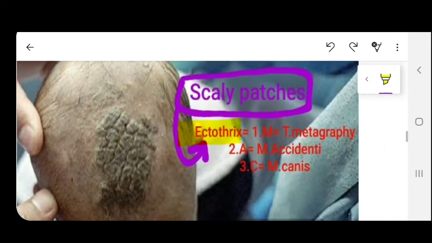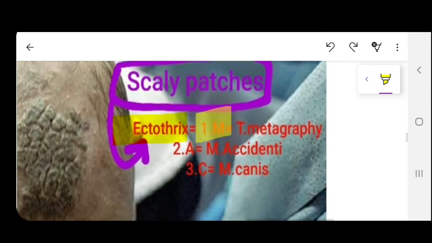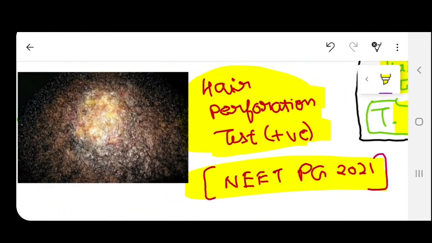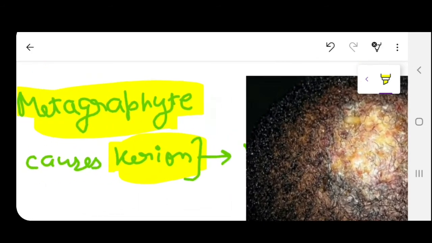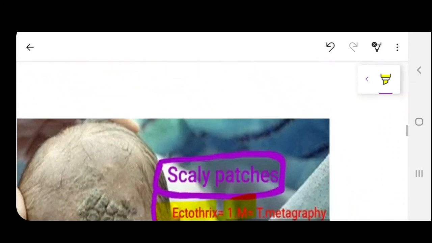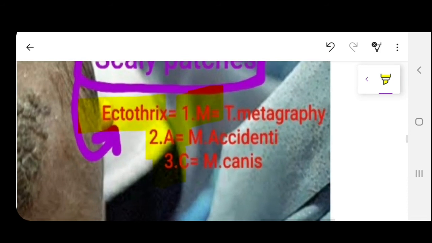Now guys, ectothrix we can remember by MAC. M is Trichophyton mentagrophytes, which causes kerion. A is Microsporum audouinii, and guys, this is a Microsporum, not Trichophyton.